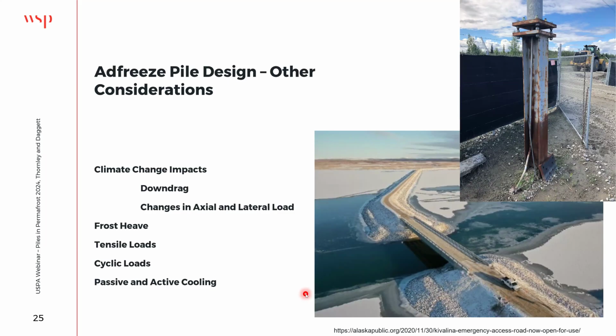As your active layer gets greater, your lateral loading on your pile will potentially get higher as well. And so those are important factors to keep in mind. We also mentioned earlier frost heave. The upper right-hand photo is a photo of a driven H pile in Fairbanks.